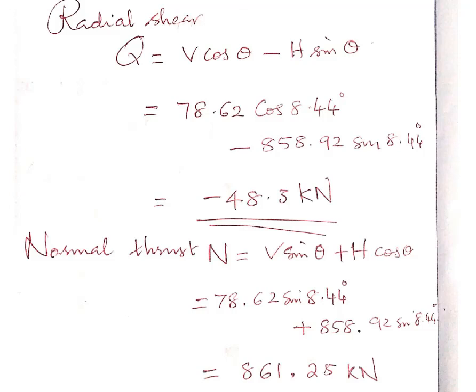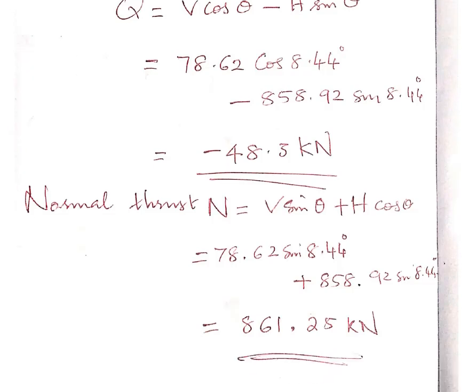So here the value of radial shear is equal to minus 48.3 kilonewton, and the value of normal thrust N is equal to 861.25 kilonewton. So that is about this problem. Parabolic arches with the springing points at different levels.